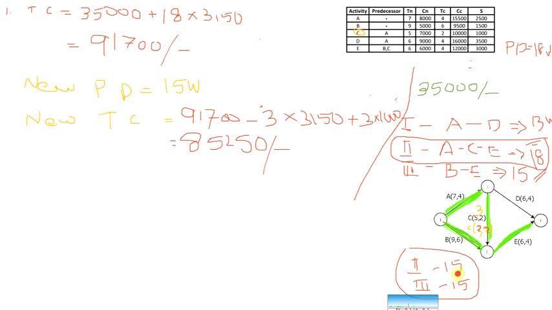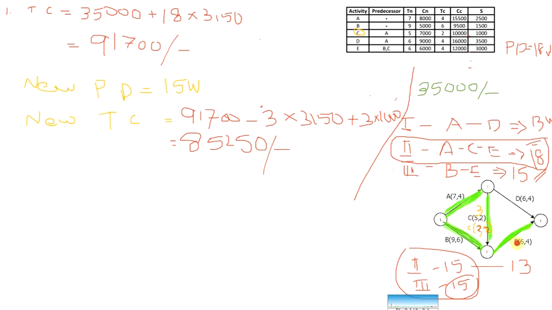Otherwise, suppose you are reducing one of the activities of path 2 by 2 days, the duration will become 13 weeks. Okay, so what will be the total project duration? It will still be 15, because this is the largest path. So when we crash a network diagram having two or more critical paths, then all the paths must be simultaneously crashed by the same time duration.